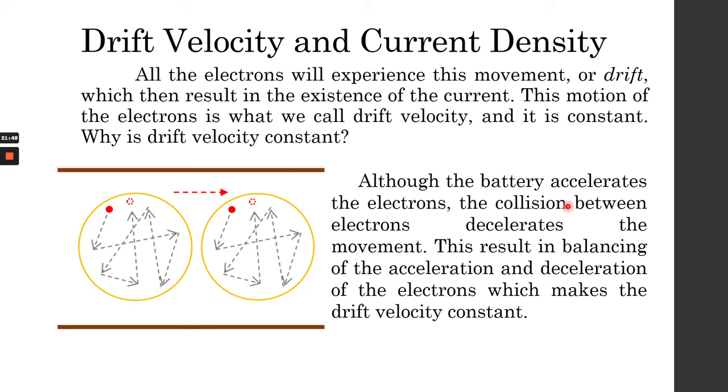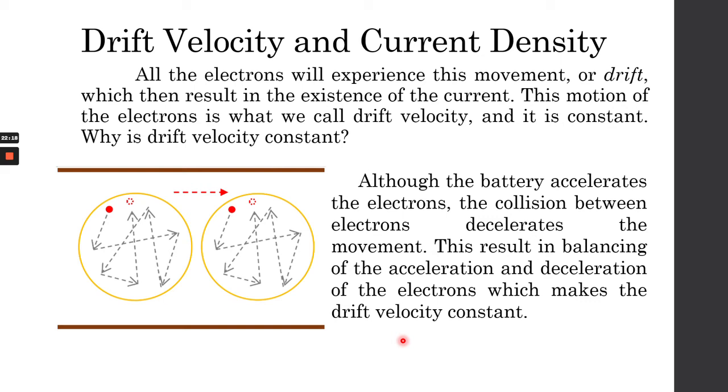It's because the collisions between the electrons and the positive ions slow down the electron. So even though the battery accelerates it, the collisions that the electrons experience as they bounce decelerate it. So in the end, there's a balance between the acceleration and the deceleration of electrons, and this balance results in a constant drift velocity.